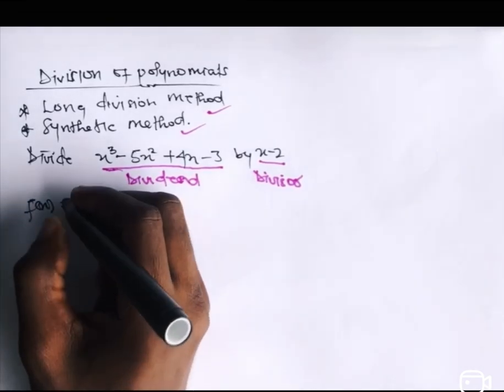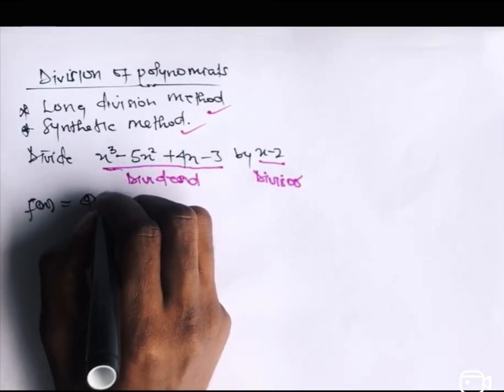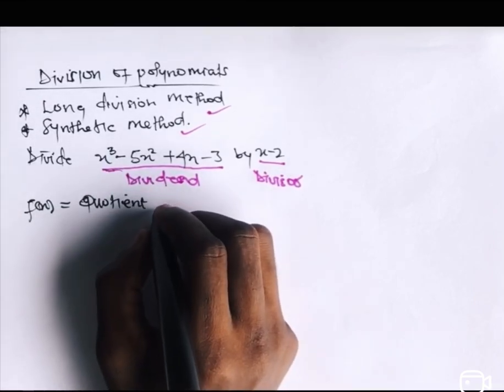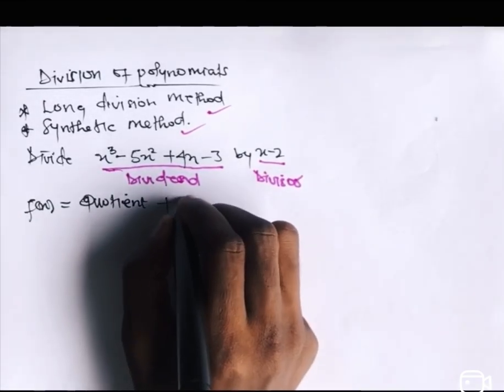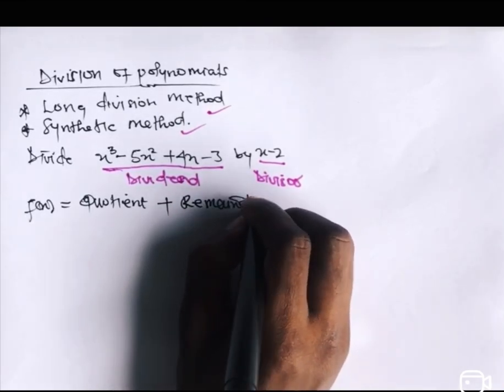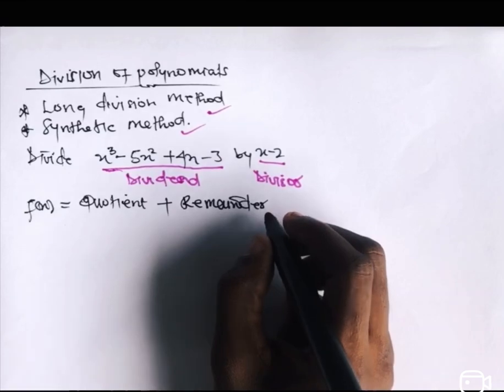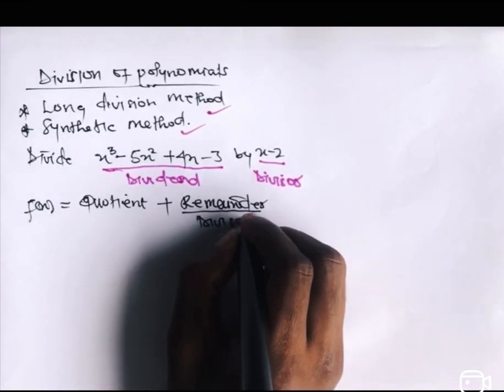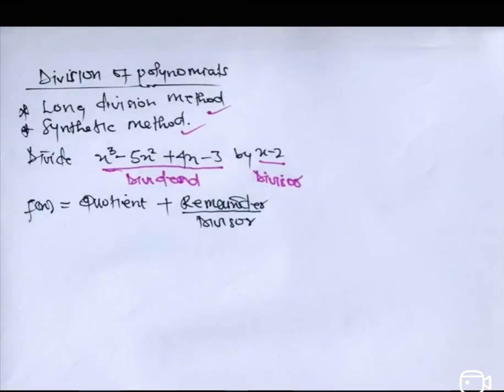f of x equals quotient plus remainder over divisor.